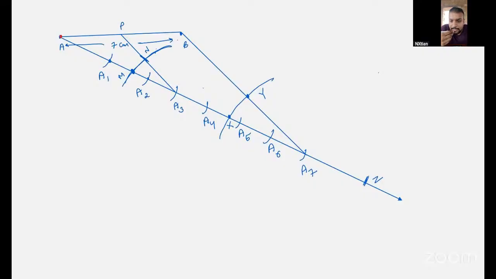Hence the line segment is divided into a 3:4 ratio, such that AP is equal to 3 centimeters and PB is equal to 4 centimeters.